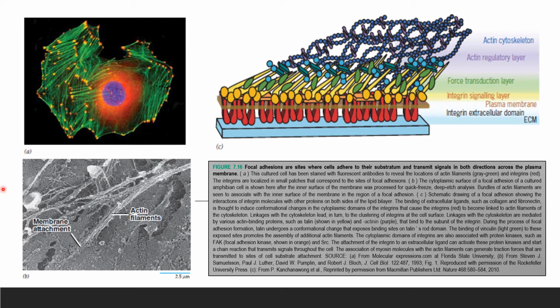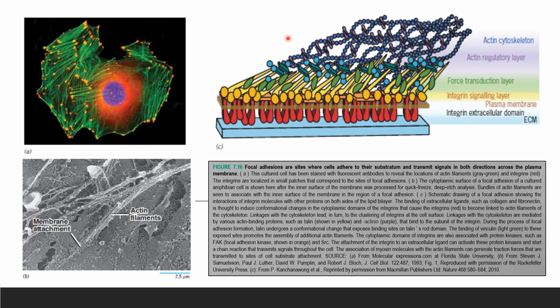In image A, this is a cultured cell that has been stained with fluorescent antibodies that reveal the location of the actin filaments. The actin filaments are gray-green in color, and the red ones are the integrins. The integrins are localized in small patches that correspond to the sites of focal adhesions.